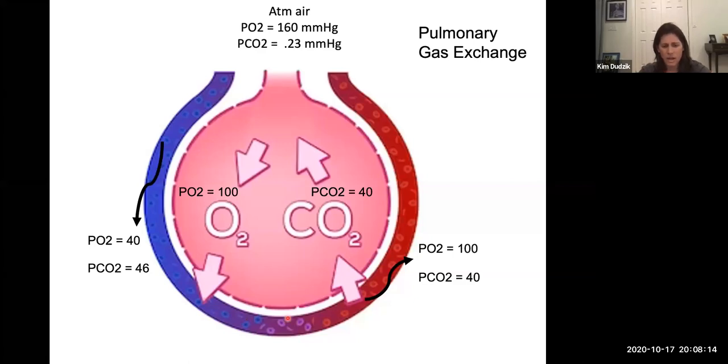And now the blood, as it's moving around the lungs and heading to the left side of the heart, is going to take in oxygen until it equilibrates at a partial pressure of 100. Right? So all of this time it's taking in oxygen. And so because of that partial pressure gradient of 100 to 40, by the time that blood leaves the lungs, the partial pressure of oxygen in the blood is 100 millimeters of mercury. Okay?